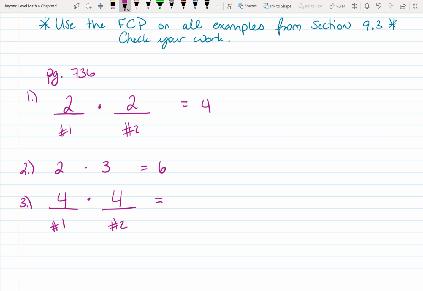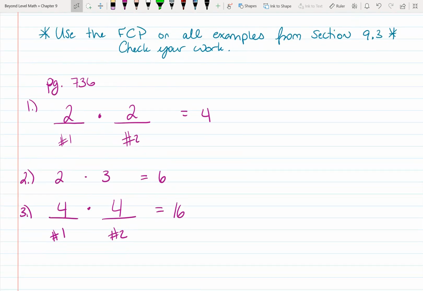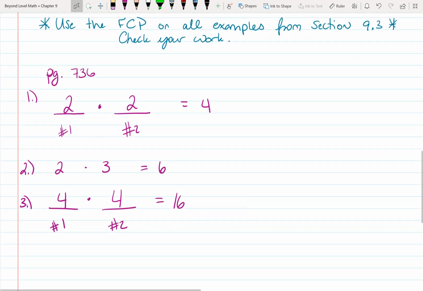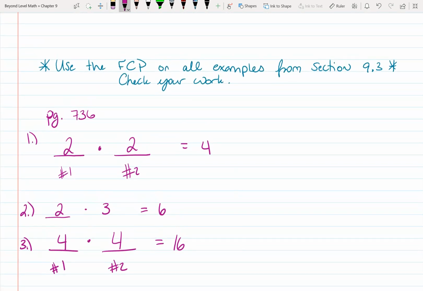So our sample space, 4 by 4, is 16. And if we listed them all out, which we did, we would have 16 options. So the fundamental counting principle just gives you the size of the sample space. It doesn't give you any more detail, but it's pretty quick and simple. Multiply your options, get your total sample space.